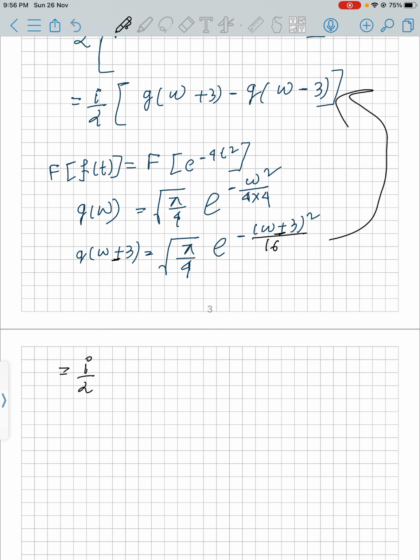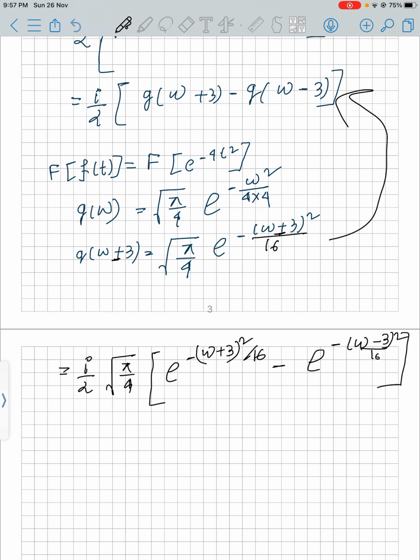The answer will be i by 2 root over of pi by 4, e to the power minus (omega plus 3) whole square divided by 16, and in between these two a minus sign, e to the power minus (omega minus 3) whole square by 16. This is the answer.